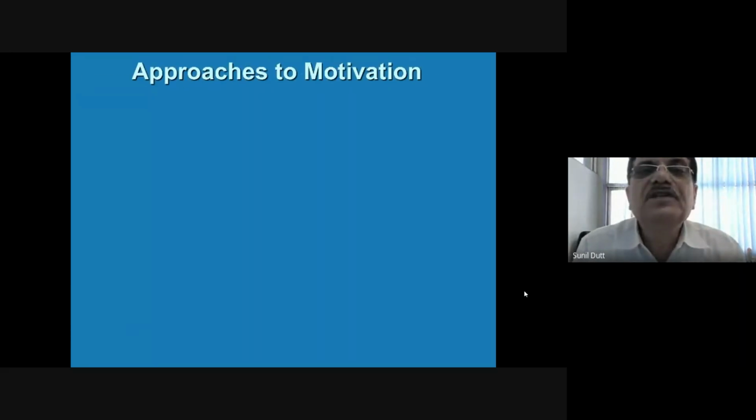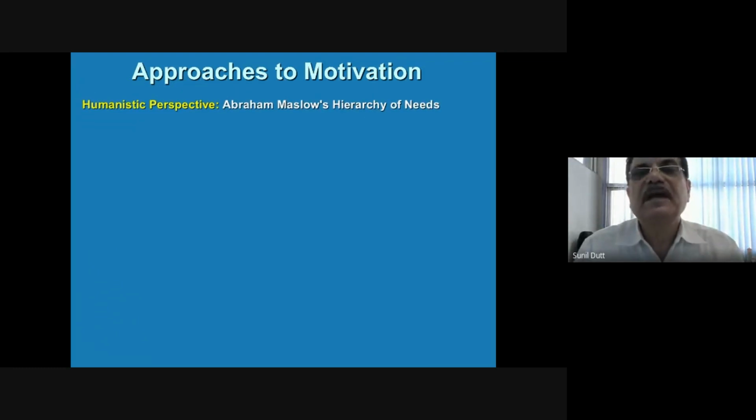Another approach is the humanistic perspective. According to this approach, when a person is actually motivated, he or she is in a state of tension and is ready to move towards satisfaction of his needs. And Abraham Maslow has arranged all the human needs in the form of a hierarchy.